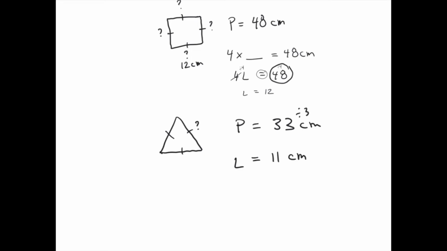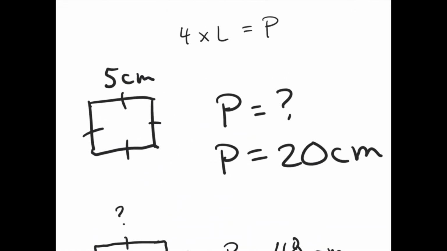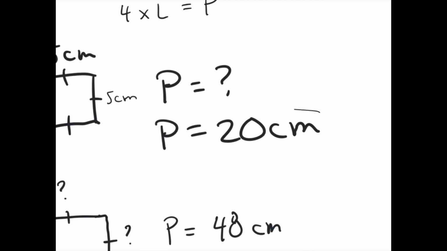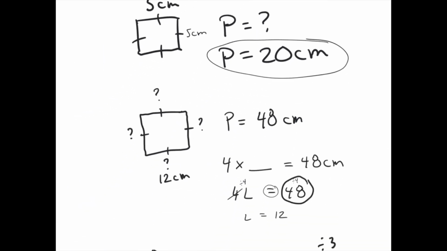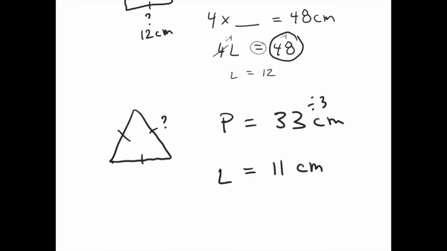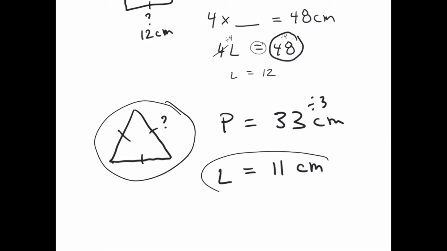So we can go in both directions. We can do what we did here, where we knew the side length and multiplied it by the number of sides to come up with the perimeter. Or we could say we know the perimeter, and we can divide by the number of sides to get the side length.